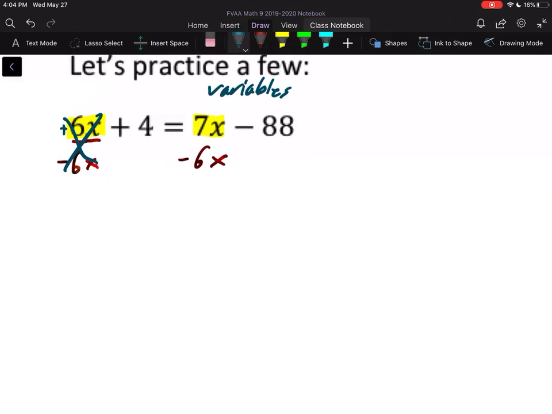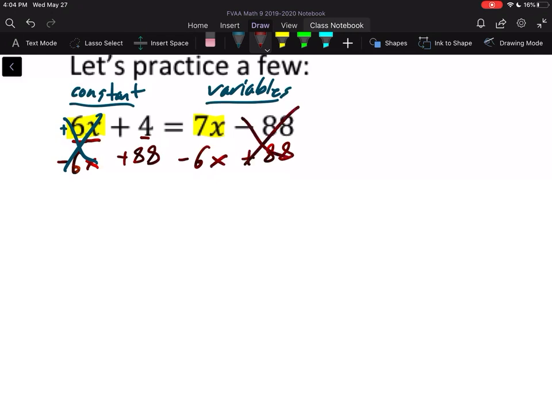Then the left side is my constant side. I'm only going to write these words on top of my equation once, just because we're learning. So that means the 4 is going to stay here, and I'm going to bring over the 88. Because it's minus 88, I'm going to add 88 on both sides. I'm going to do this all in one step. So that's plus 88.